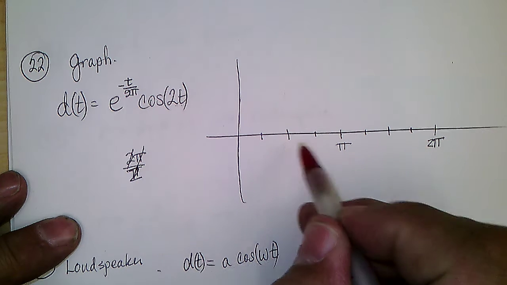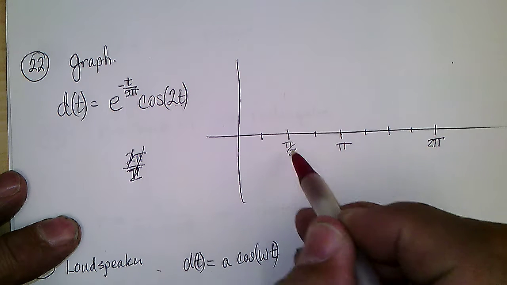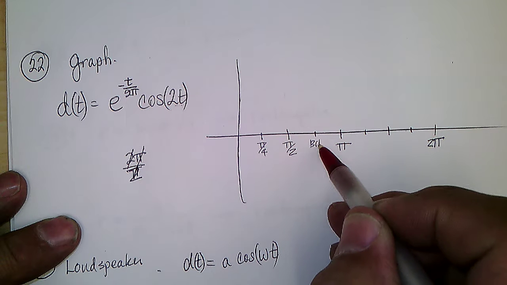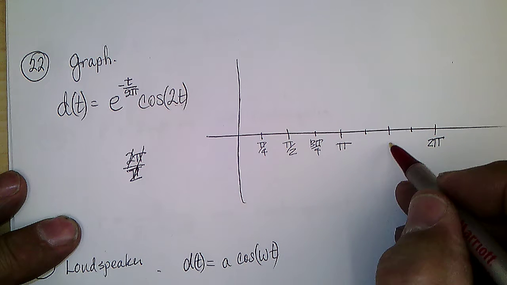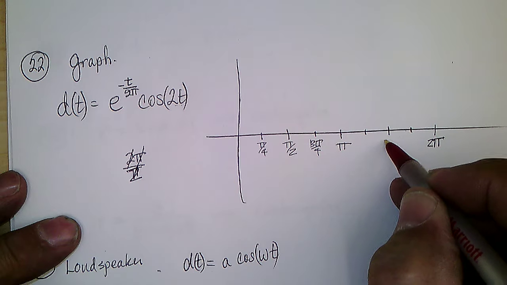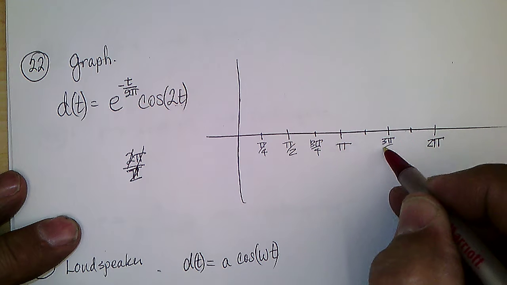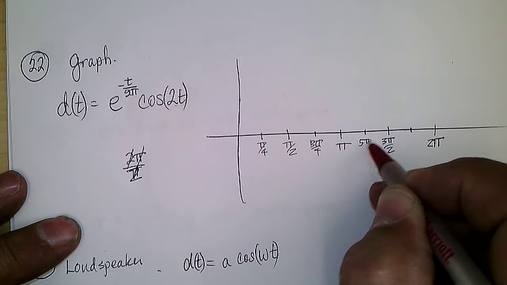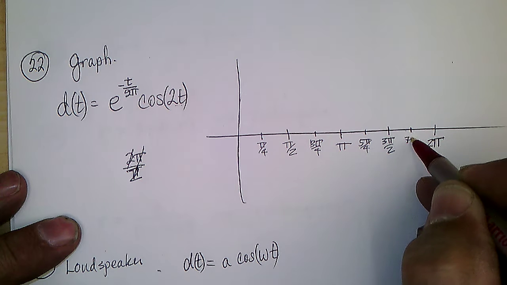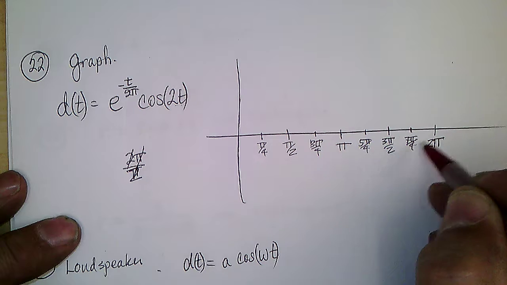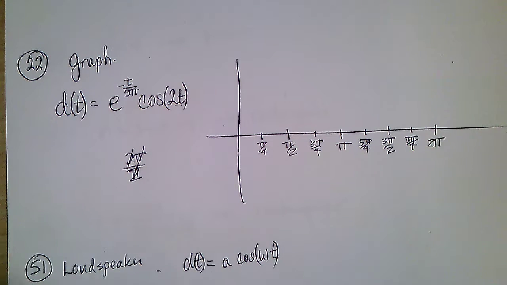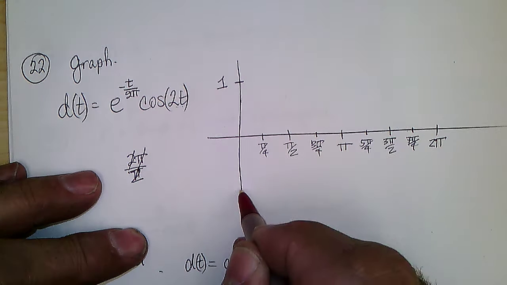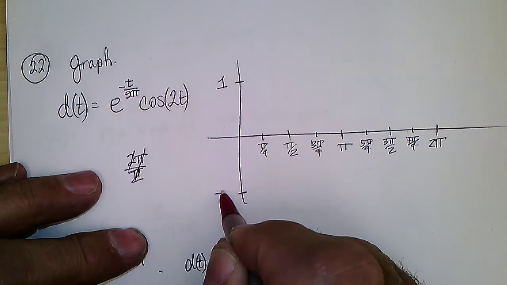So that's pi. This is pi over 2, pi over 4, 3 pi over 4, 3 pi over 2, 5 pi over 4, 7 pi over 4, and 2 pi. And I'll put 1 here, and -1 here.